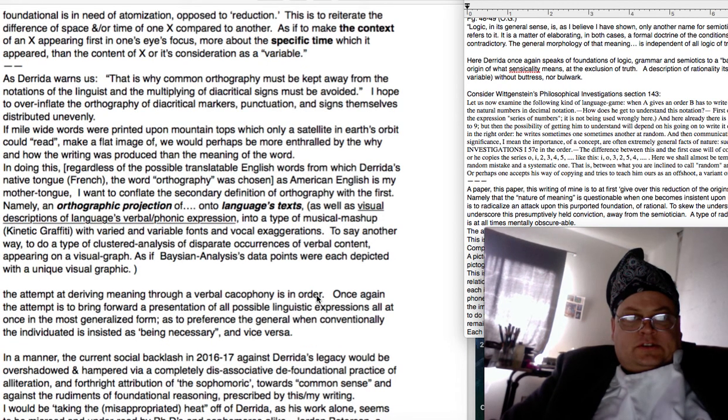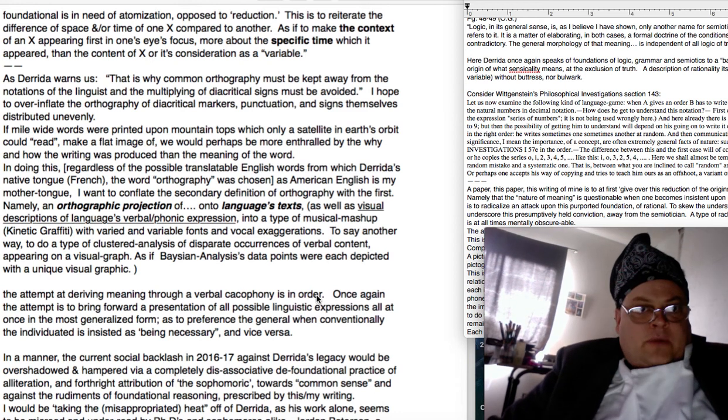As Derrida warns us, quote, "that is why common orthography must be kept away from the notations of the linguist and the multiplying of diacritical signs must be avoided," end quote. I hope to overinflate the orthography of diacritical markers, punctuation, and signs themselves distributed unevenly.